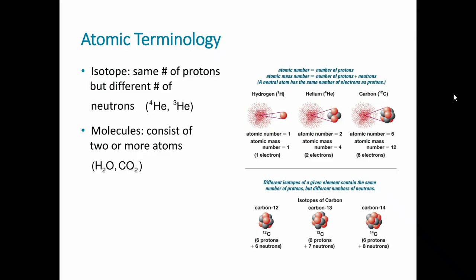If the number is a subscript down below, then they're talking about the number of atoms that are in that molecule. So H2O has 2 hydrogen, 1 oxygen. CO2 has 2 oxygen, 1 carbon. So if you are interested in how those atoms form molecules, then you can take a chemistry class.